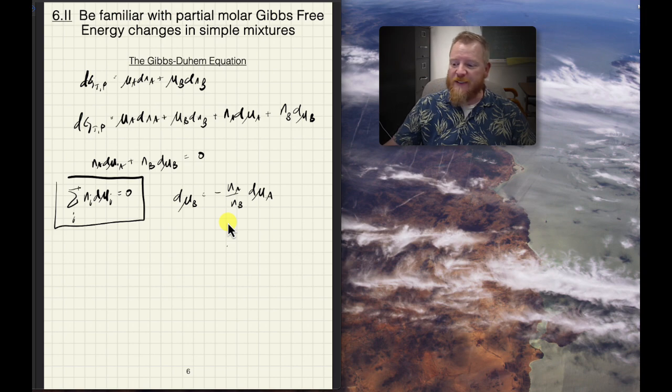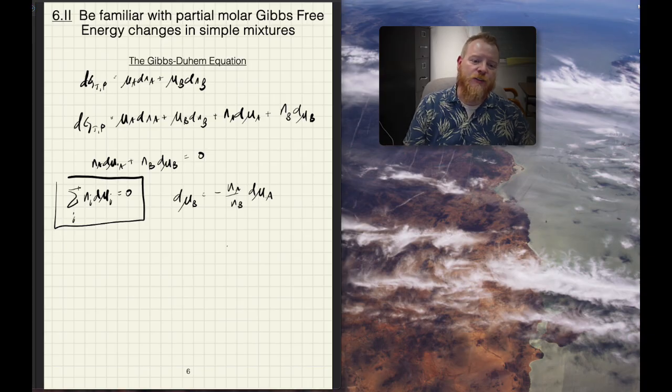And of course, we could say the same thing about molar volume. Instead of writing this with respect to chemical potential, we could also go back and rewrite this in terms of partial molar volume, for example dVB equals negative NA over NB times dVA.